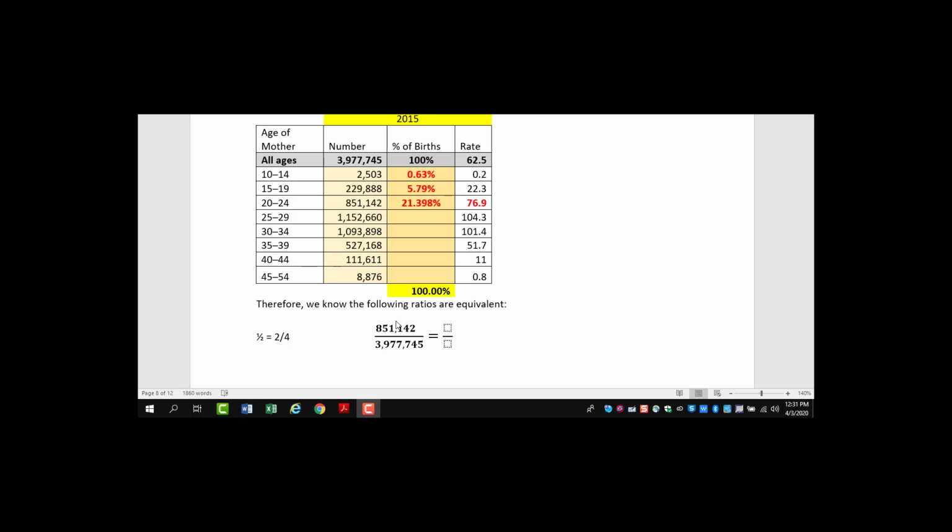There I have the total births of 20 to 24-year-olds over the total amount of births, and that's equal to what other ratio? In the same way, 1/2 is equal to 2/4. And from looking up here, you should know what this is going to be. That's what we did.